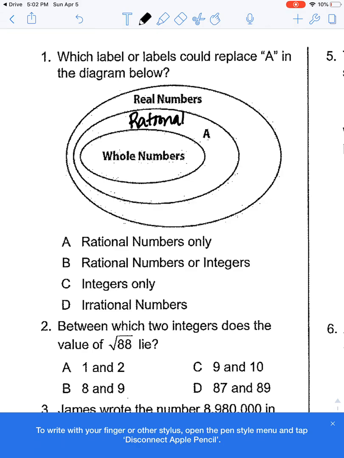However, between rational and whole numbers, we also have a distinction of integers. So integers goes right there. So really, A could be considered either rational or integers, and so I would choose B. It is rational numbers or integers could be considered for A.